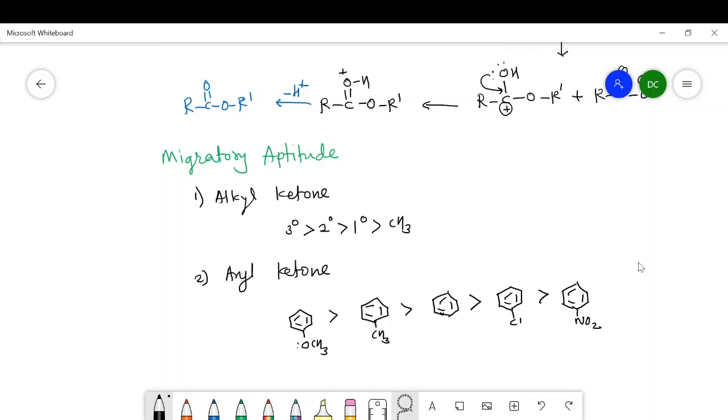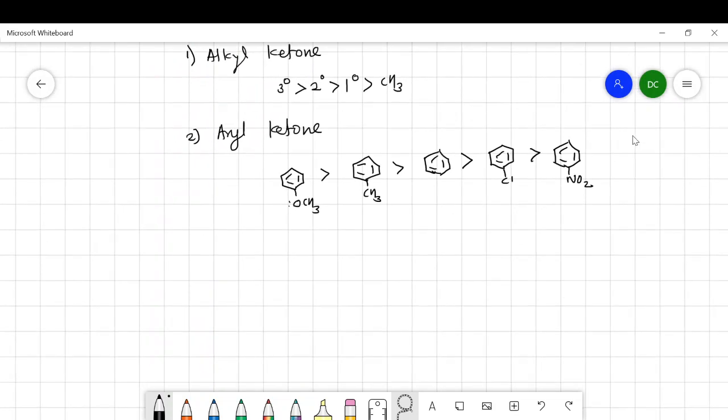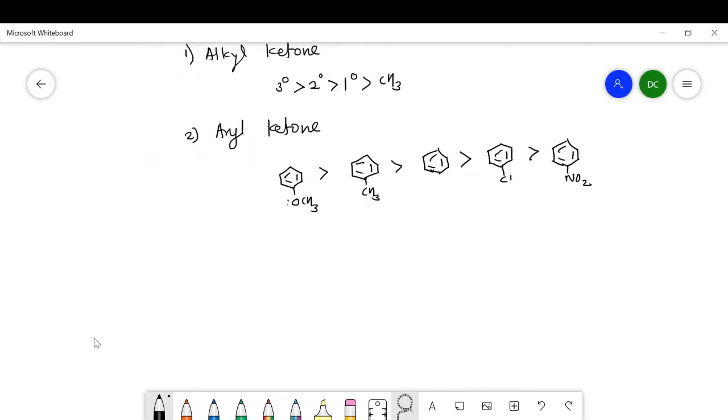Then suppose the ketone is a mixed one and has a structure in which there is the presence of an alkyl as well as an aryl group. So for alkyl aryl ketones, the aryl group migrates first or undergoes rearrangement first than the alkyl group.